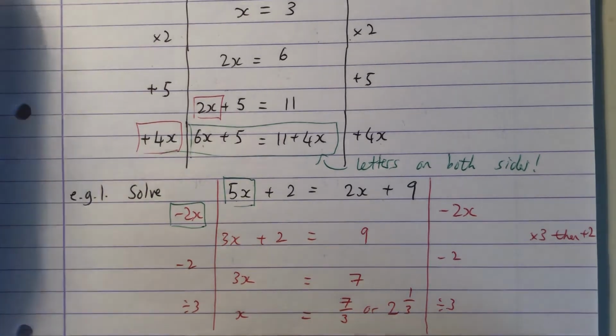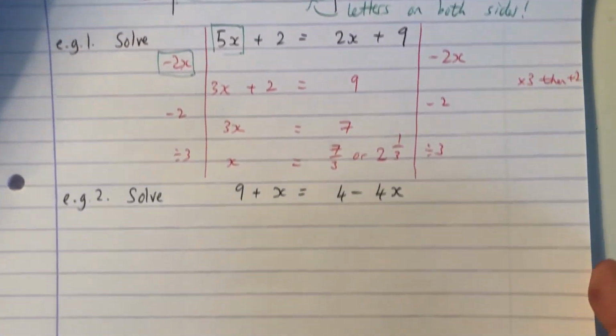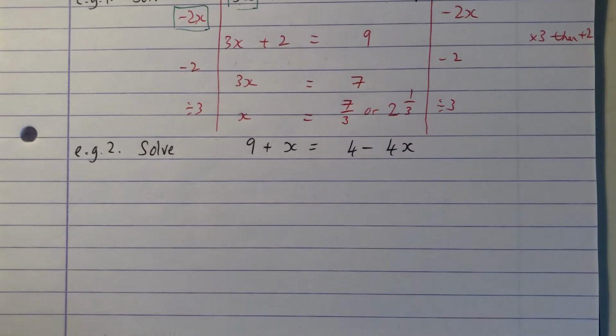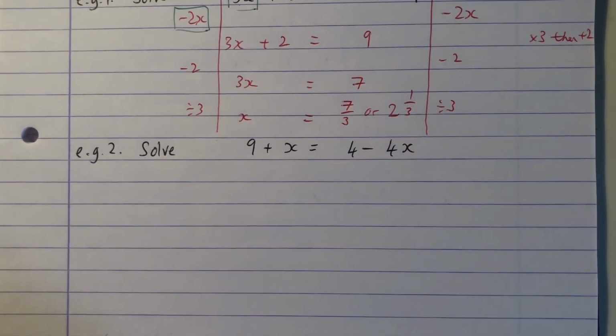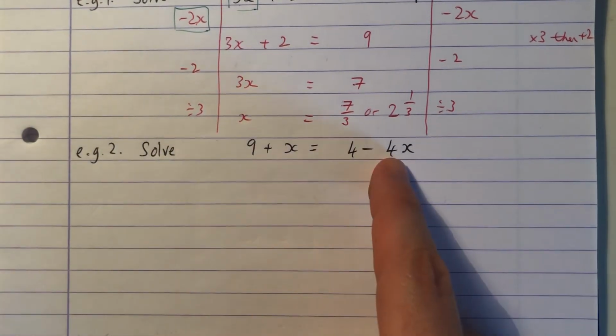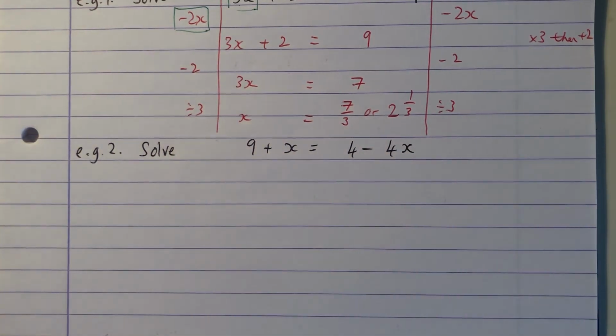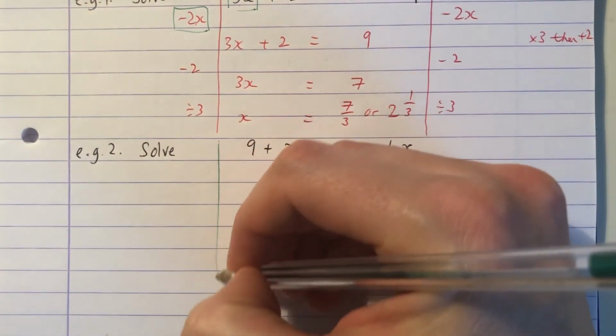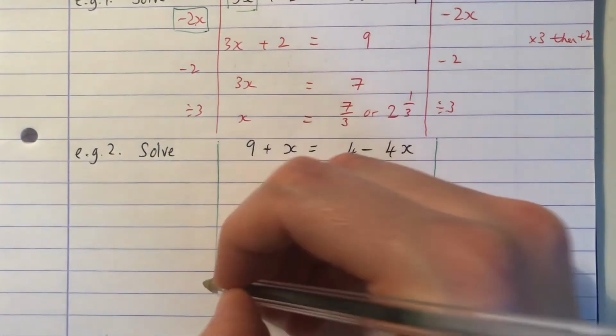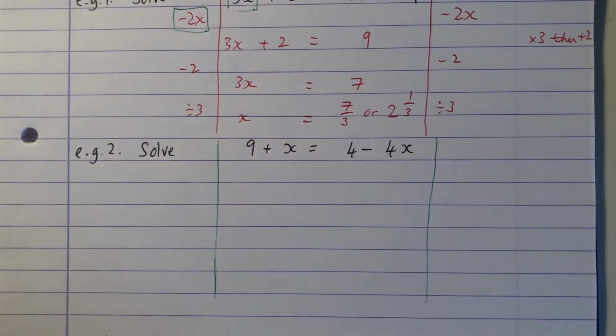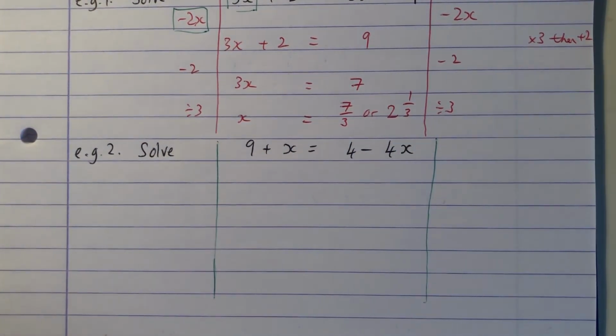Okay, easy number 2. x on both sides. Remember my tip from before. You want to remove the lower numbered x. Okay?